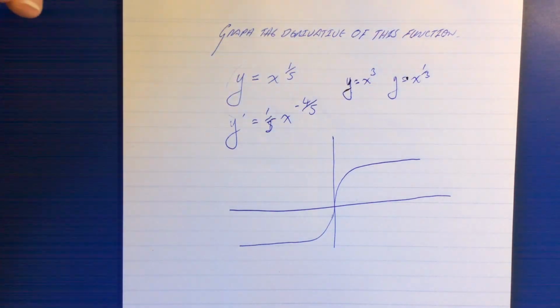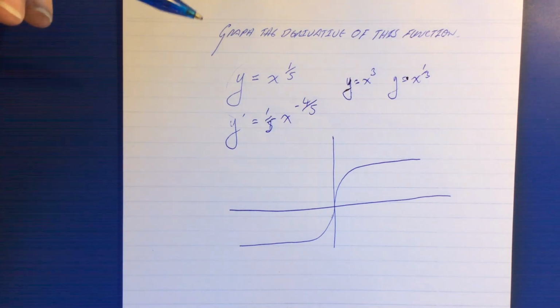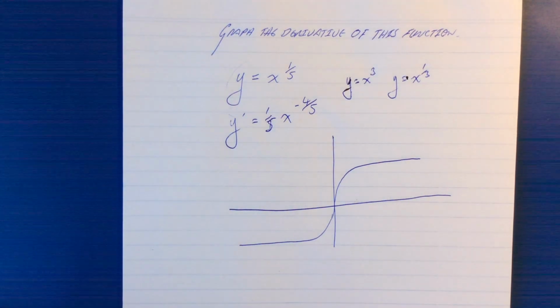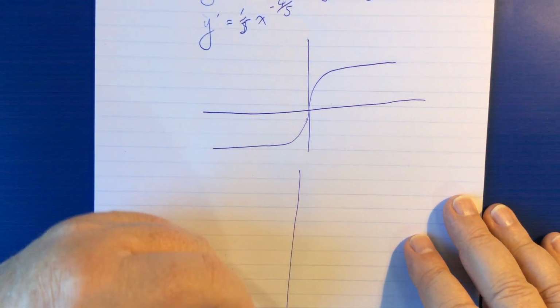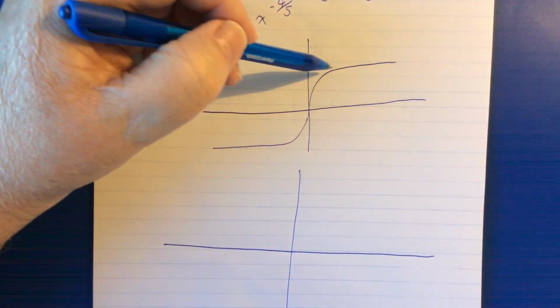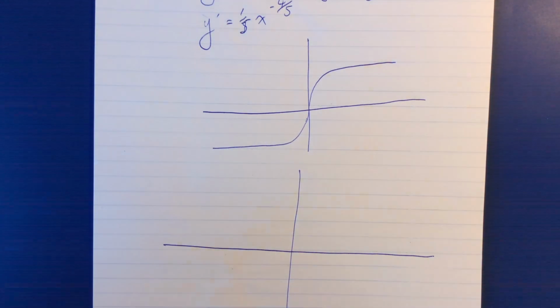Now, with that information, we can draw an approximation of the graph of the derivative. Now, the graph of the derivative is a graph of the gradients of this function. And what do we know about this?